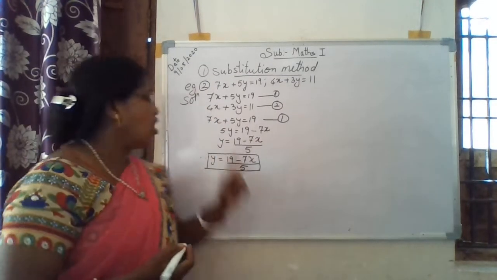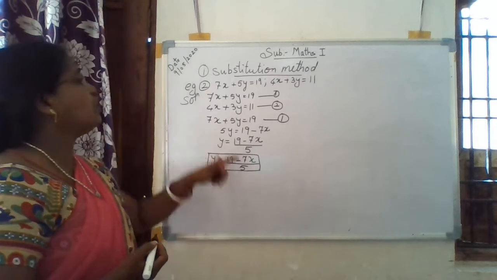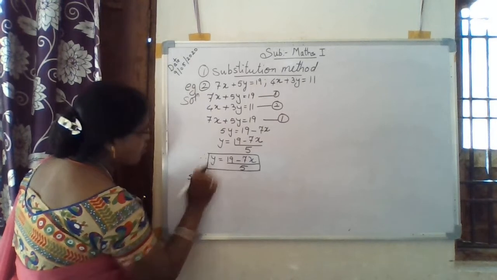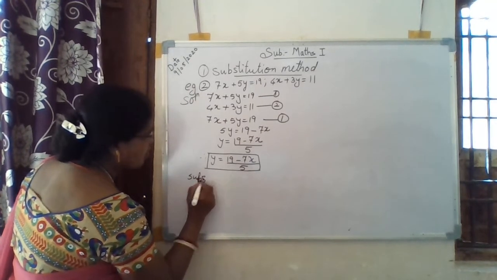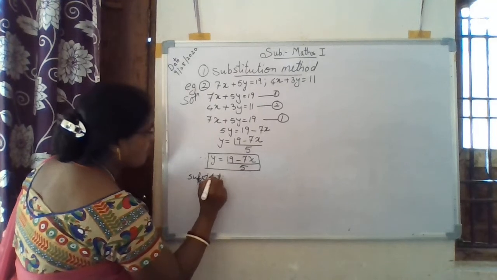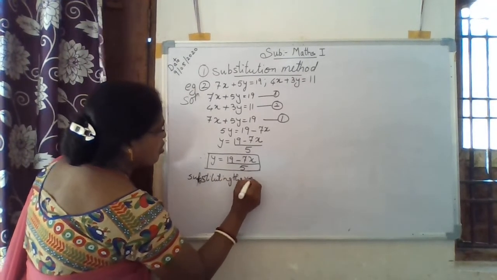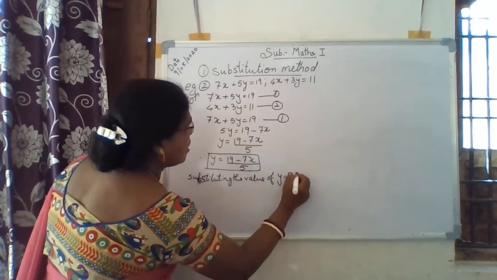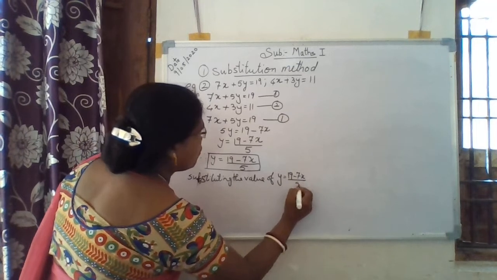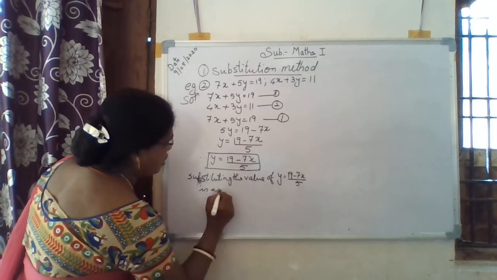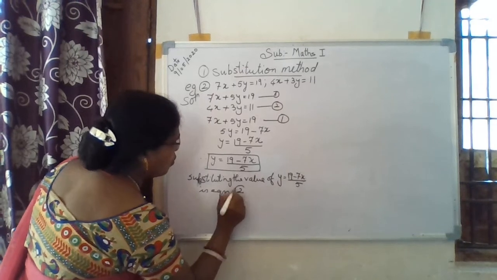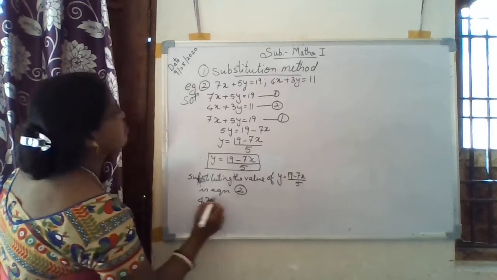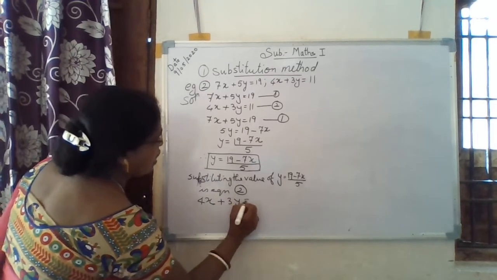Now, this value of y will substitute it in equation 2. So, substituting the value of y equal to 90 minus 7x upon 5 in equation 2. So, take equation 2. It is 4x plus 3y equal to 11.